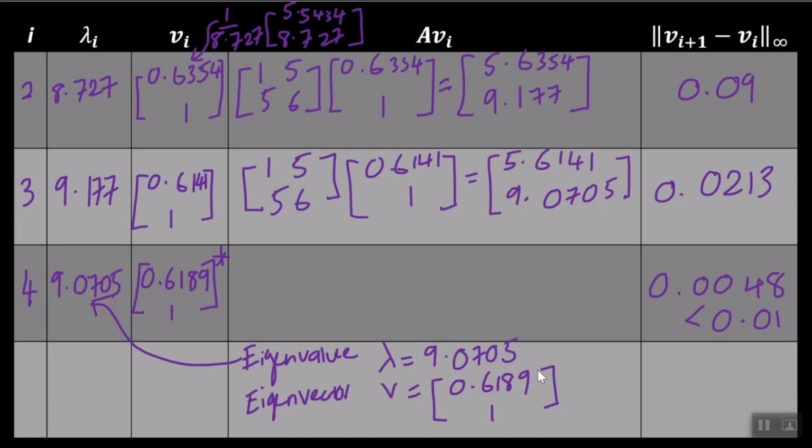Okay, so using the power method, we managed to get the dominant eigenvalue and the corresponding eigenvector.